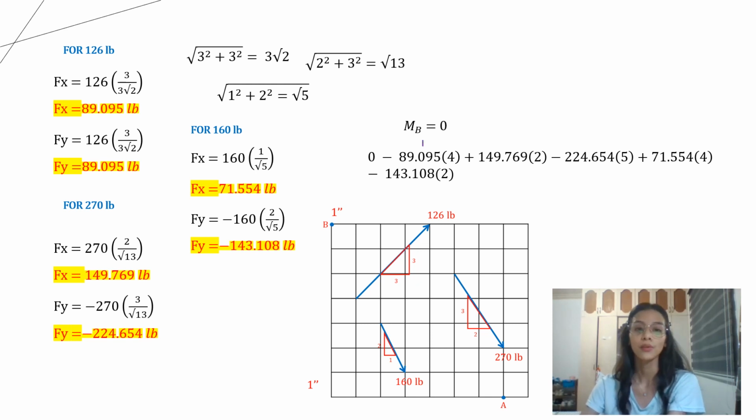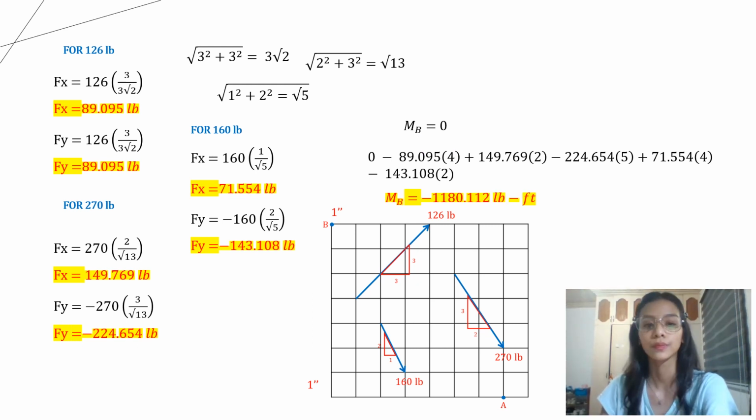This is our force, and this is our distance. So our moment at point B is equal to negative 1180.112 pound-feet.